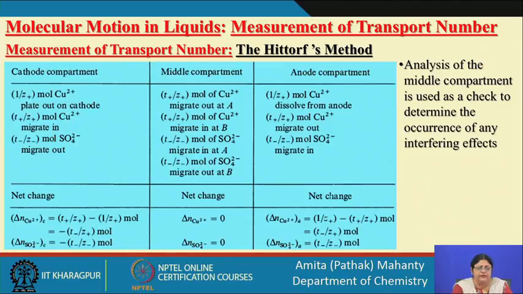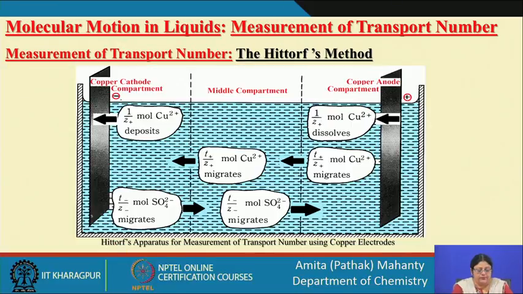And to maintain the charge neutrality, the fraction of the current which is carried by the anion, T minus, into 1 by the charge of the anion, that many moles of the sulphate ion should migrate from the cathode compartment to the anode compartment. This is the thing which I am talking about. So, this is the amount which is going to be transported in, and this is the amount which is going to be transported out, right.